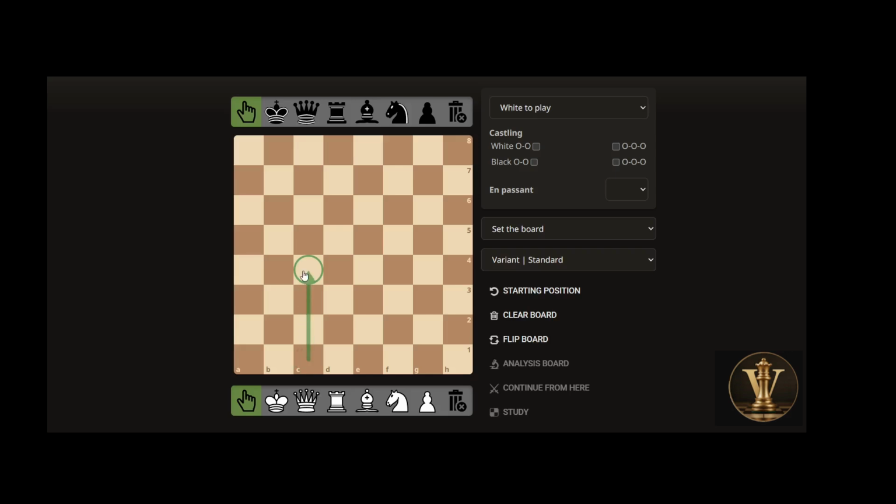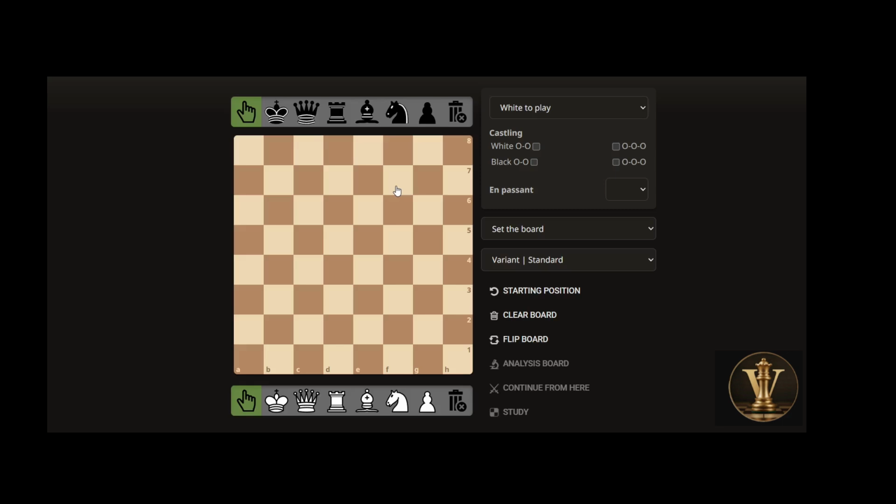C file. And what is the rank? 4. So this square has the name C4. Similarly, this is E6. This is G3. This is C7. This is B6, and so on.